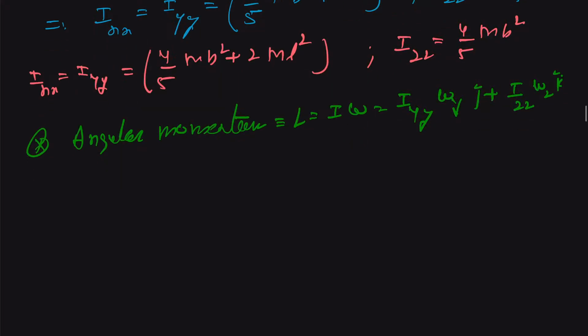We simply substitute their values because we know our y and z.